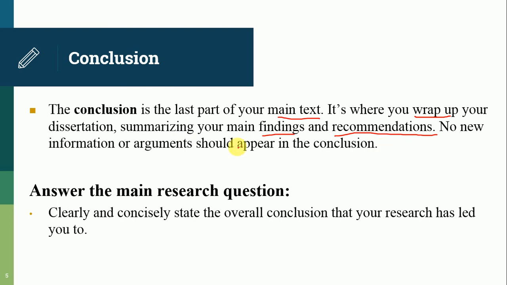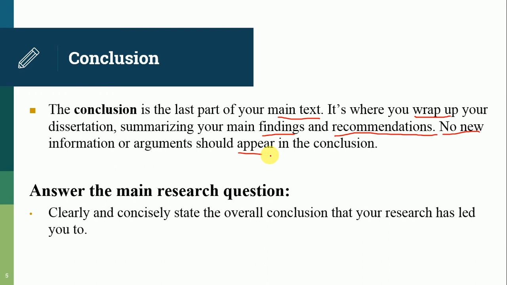No new information or arguments should appear in the conclusion. Remember this, students, be very cautious about mentioning new information. The new arguments should not be mentioned in the conclusion. It's just a summary of what you have done in the research, in simple words.